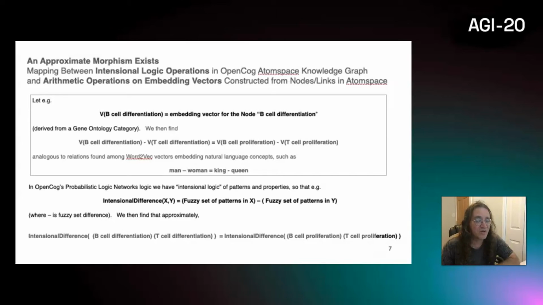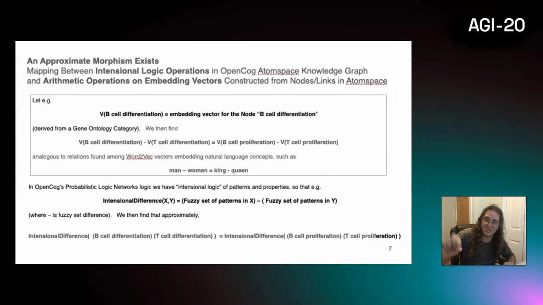So what you find is some vector arithmetic. You find vector for B cell differentiation minus the vector for T cell differentiation, that's roughly the same as the vector for B cell proliferation minus the vector for T cell proliferation.